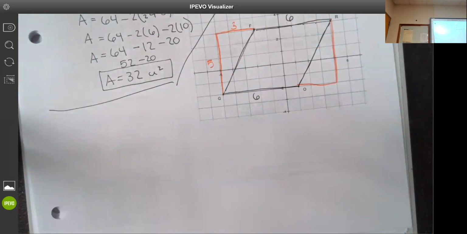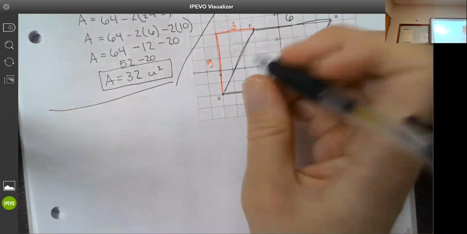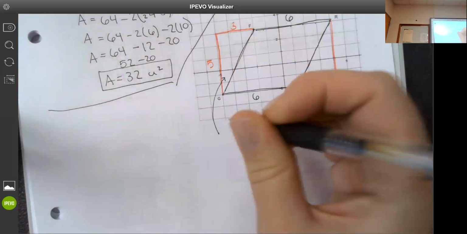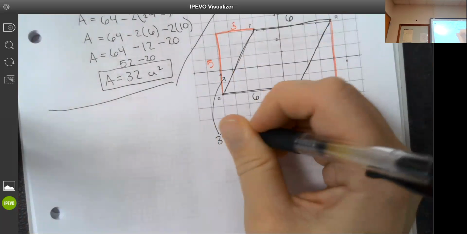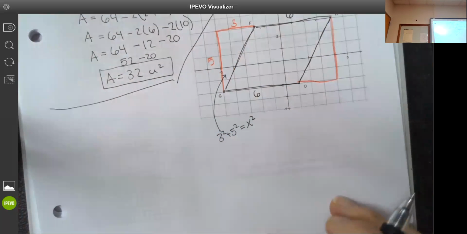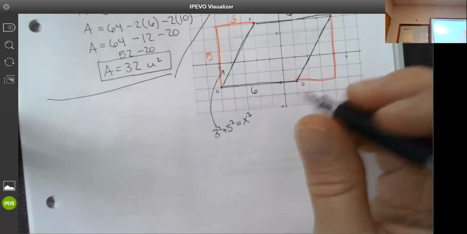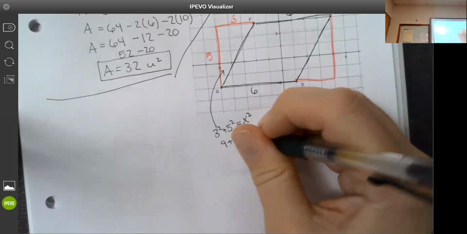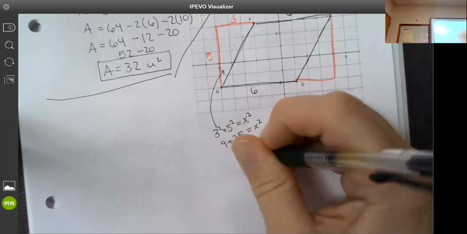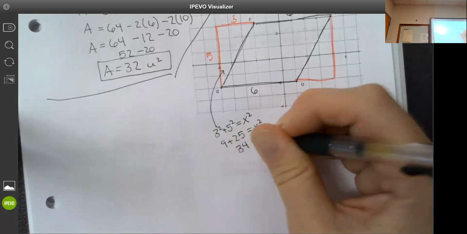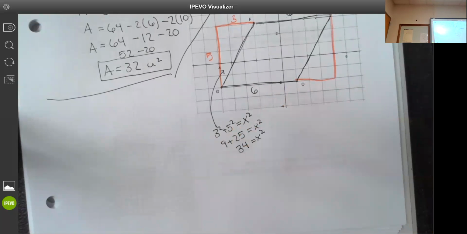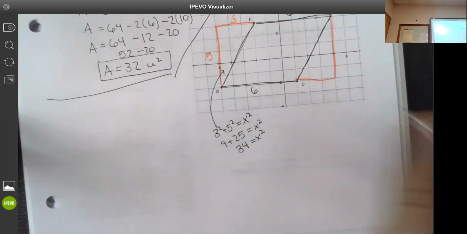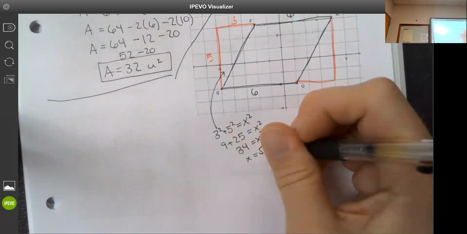And we'll find the missing length by doing the Pythagorean theorem. So for this one, 9 plus 25, or 34, equals x squared. And so x equals the square root of 34.